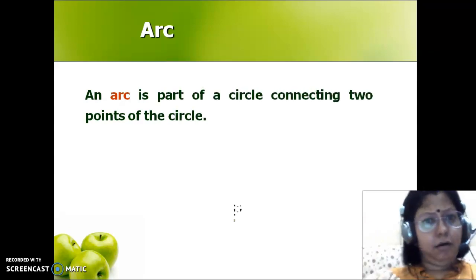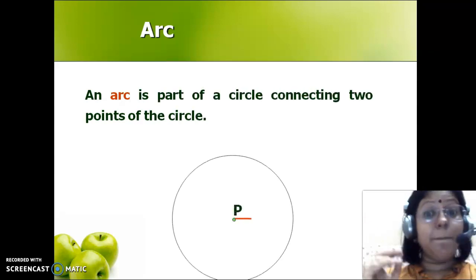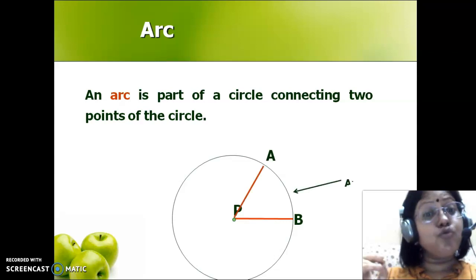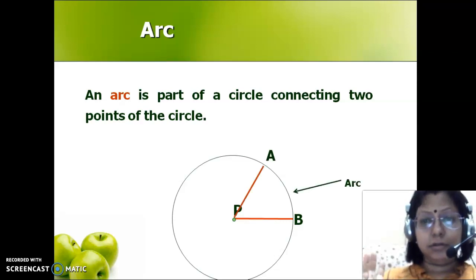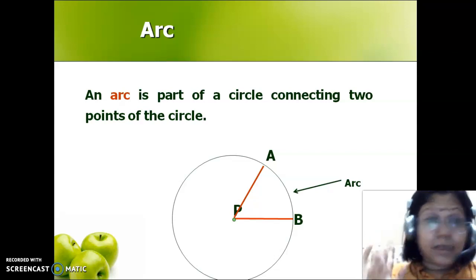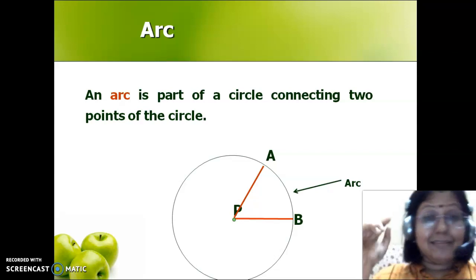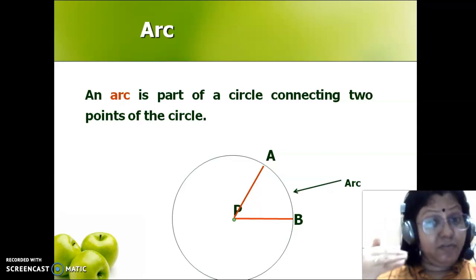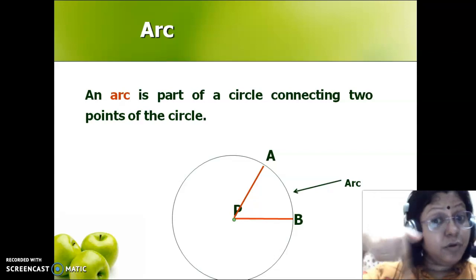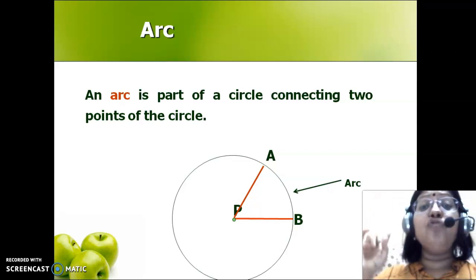Now what is arc? An arc is a part of a circle connecting 2 points of the circle. So you can see 2 points on a circle, A and B. In the first slide, that is in the definition of circle, we said circle is a set of all points, but it was not joined over there.